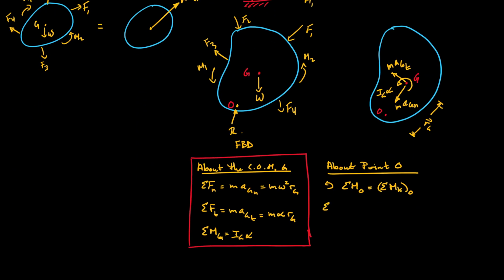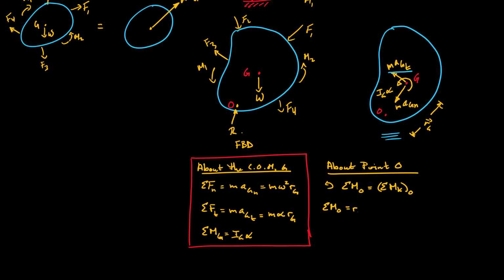So the sum of the moments about point O will be equal to, so we look at this diagram over here. We have a mass times an acceleration in the tangential direction multiplied by the moment arm, which will be rg.